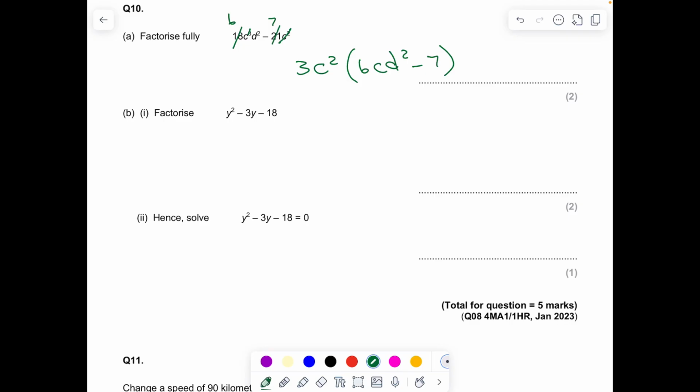Okay, so factorise. You've got to find two numbers that multiply to make minus 18, but add to make minus 3.